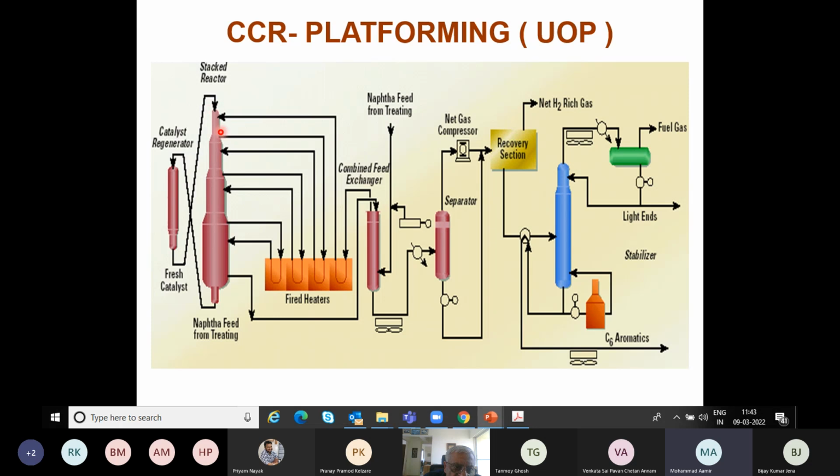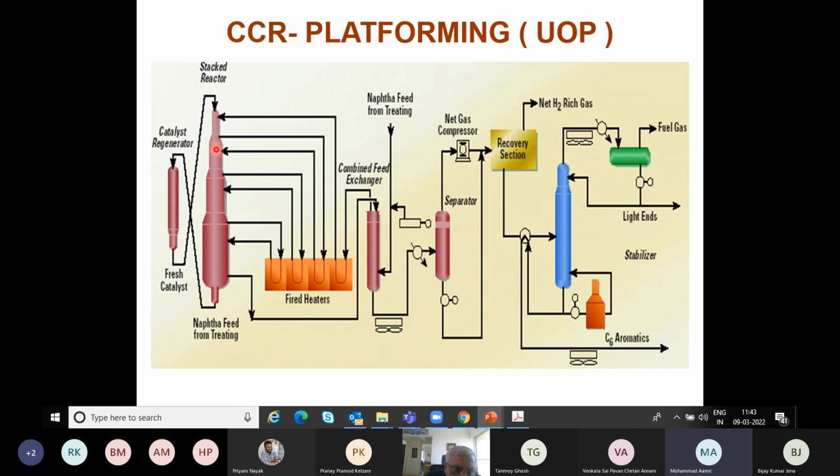The volume of this first reactor is small because you don't need a large amount of catalyst here. Then this gas is taken out after the first reactor and goes into the interheater. After passing through the interheater, it goes into the second reactor. The volume of this reactor is slightly bigger than the first one, but the catalyst is still moving down.